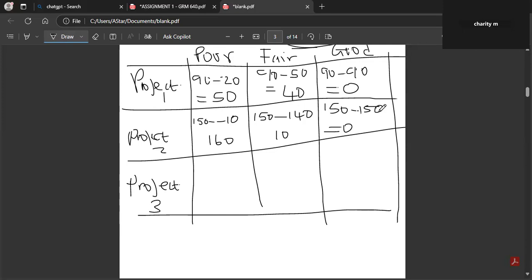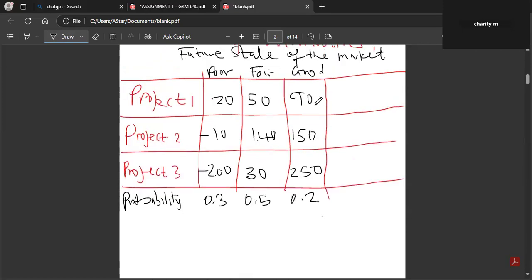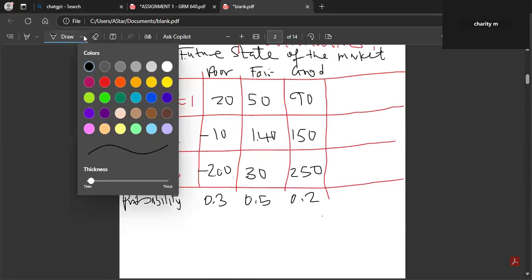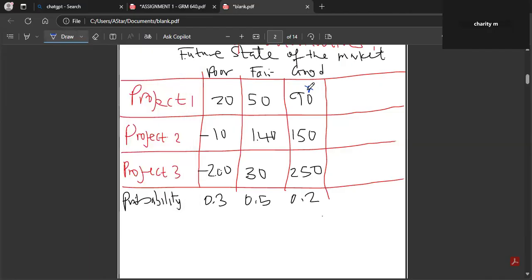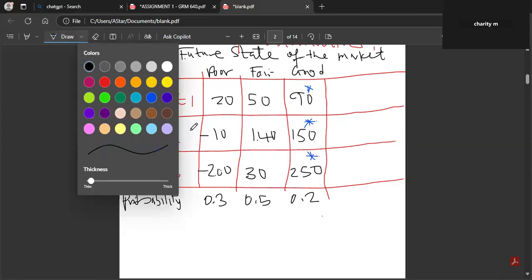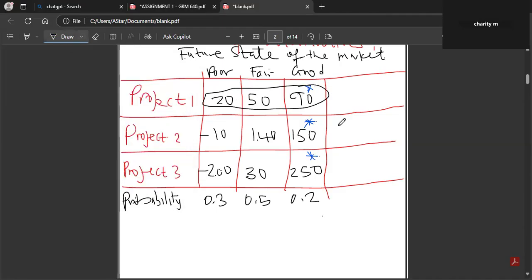So we're getting the maximum value for each project, and that is what we are subtracting from all the ones that we have.